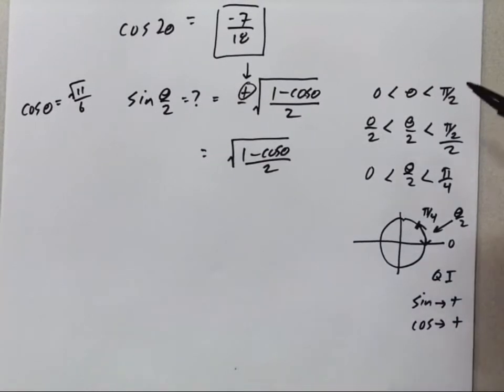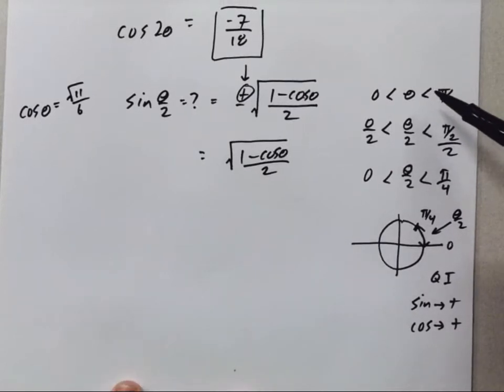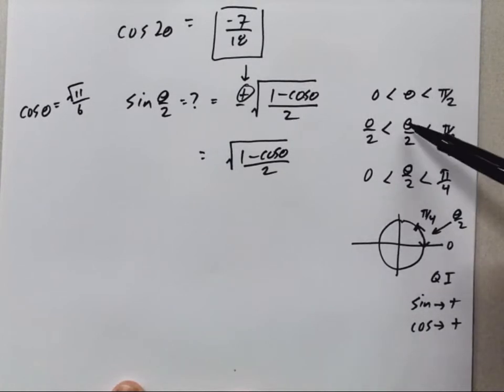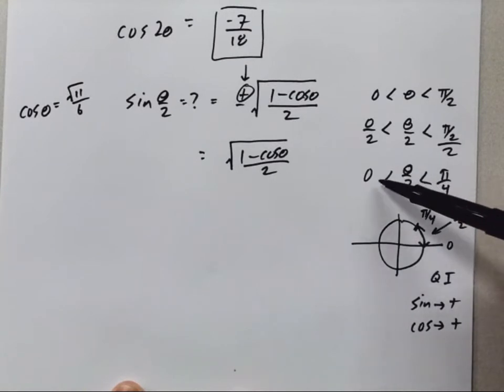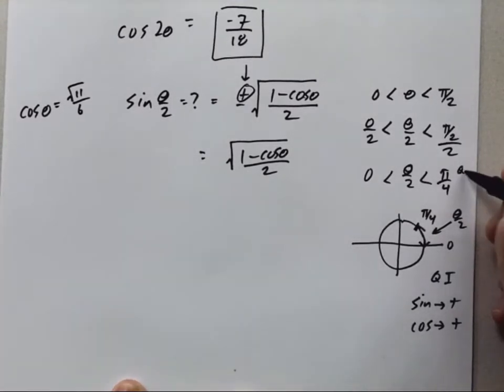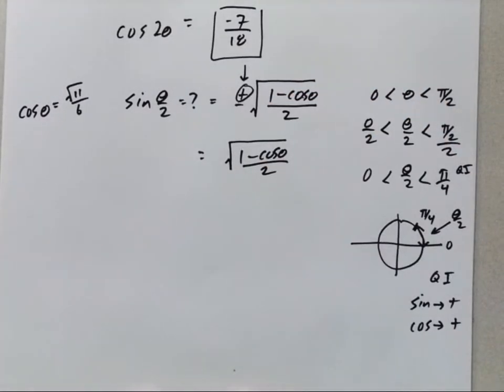So, to review, all these hoops we jumped through. We took the initial information they gave us about theta. We sort of converted this to theta over 2. And then we realized theta over 2, for our problem, was between 0 and pi over 4, which means I could have stopped right here and just said, well, that's obviously quadrant 1. So then I know, okay, in quadrant 1, both the sine and the cosine are positive, and then that tells me what the formula should be.